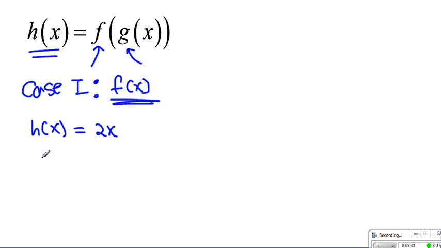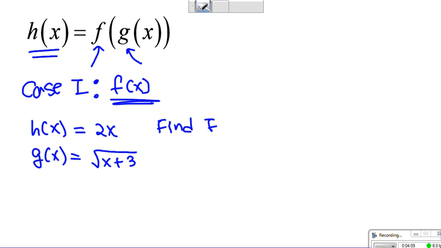And also g of x, let me try to do something similar to the last one: square root of x plus 3. Can you somehow find f of x? All right, I'll give you a little bit of time for you to work on it, and then we'll continue to talk about this one further.